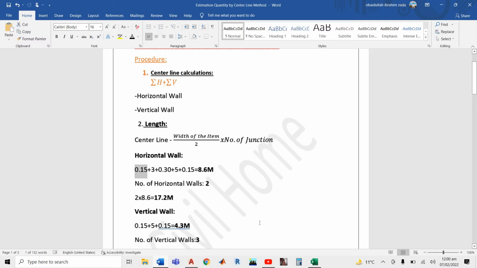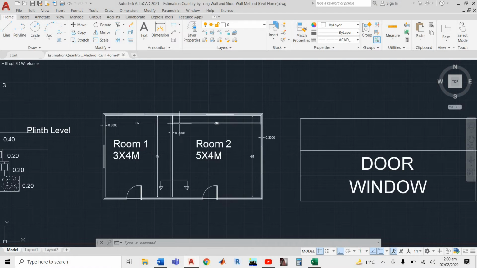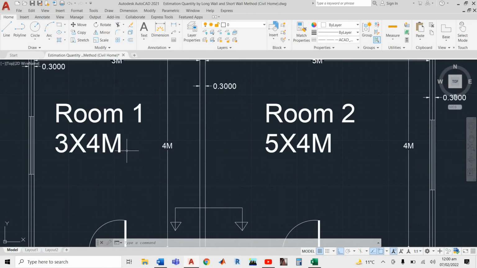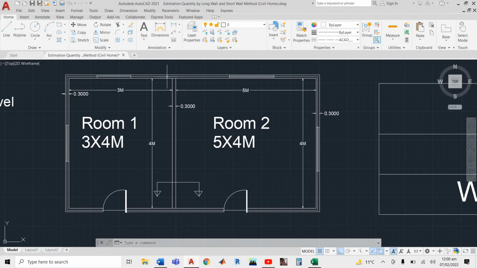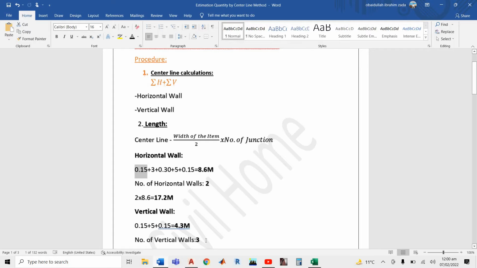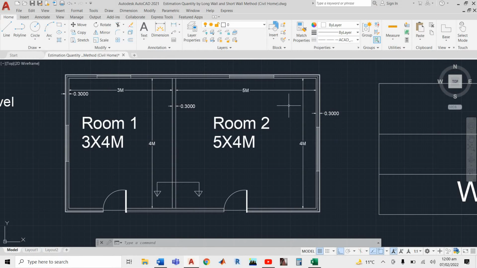Then how many horizontal walls do we have? One horizontal wall and a second horizontal wall. We have two horizontal walls. So how much is the total length of the horizontal walls? It comes to 8.6, and we have 2 horizontal walls.